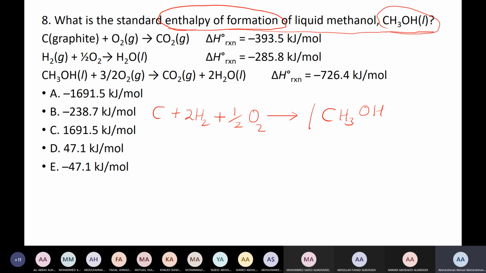That's exactly the equation. That is the heat of formation of CH3OH. Clear?